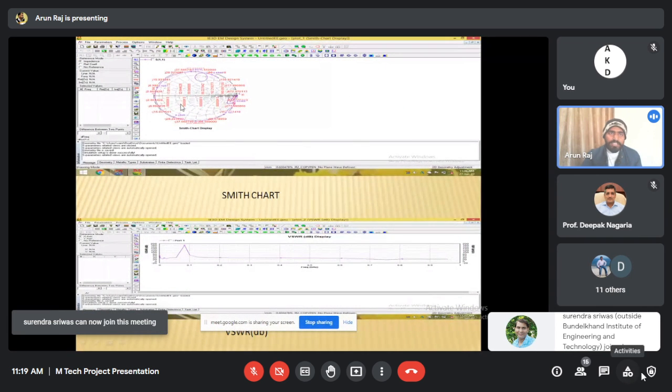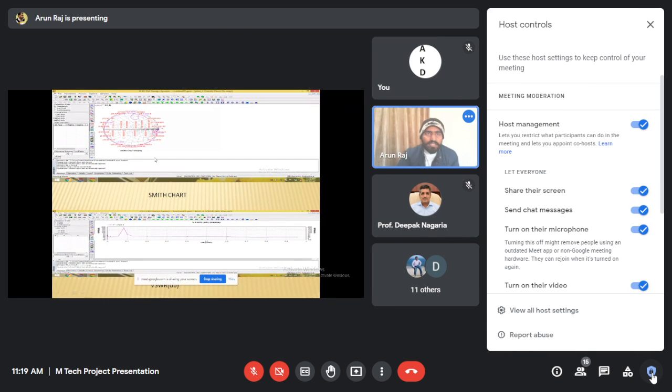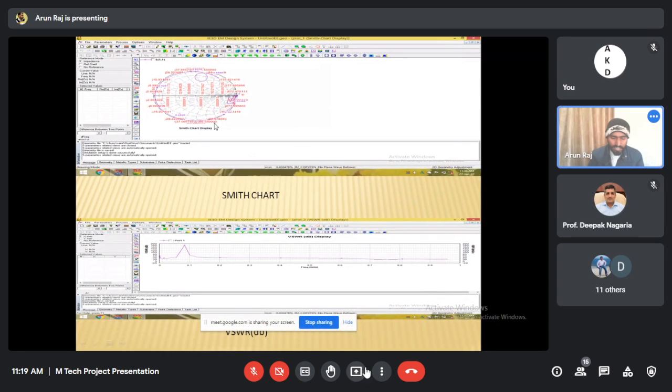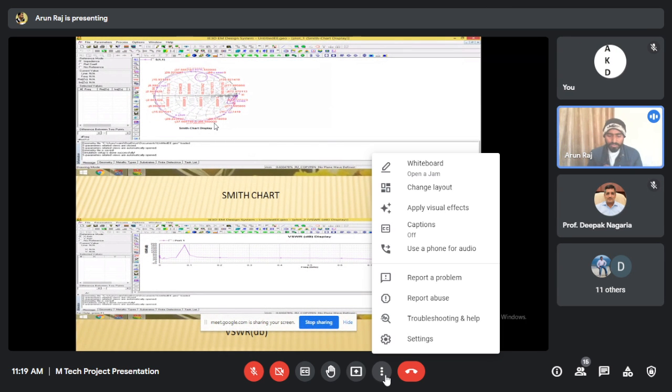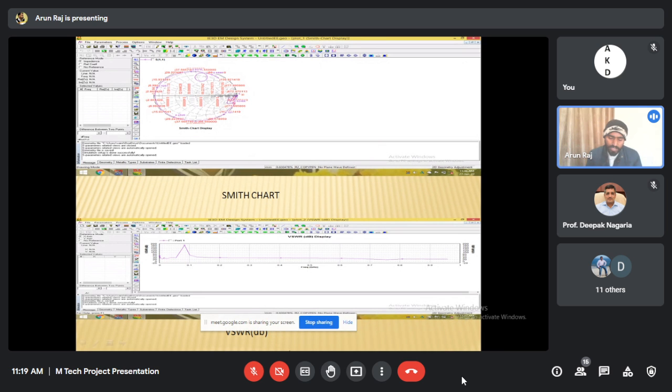And this is the Smith chart for each plane. Basically, this Smith chart is used to display the actual antenna impedance. But this is the VSWR. VSWR describes the power reflected from the antenna.